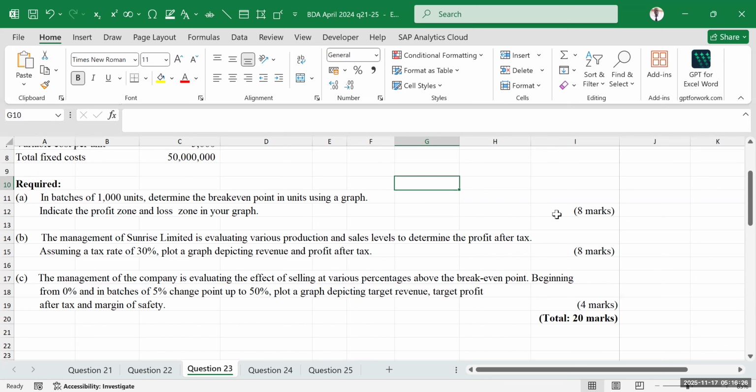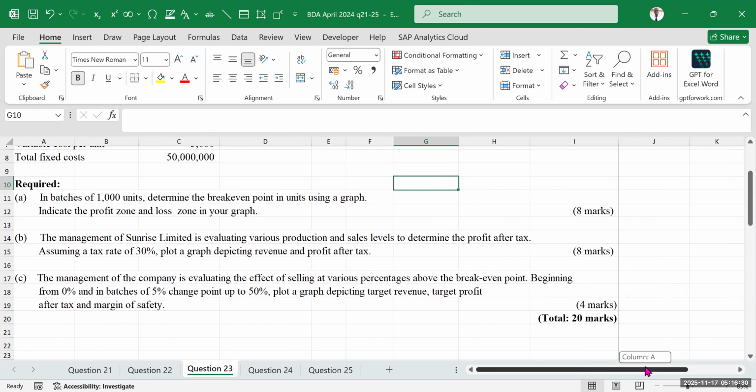You see, graphing is being tested in a wide range here, and that is a concept that no one in this meeting should be able to miss. Part C, you are told that the management of this company again wants to evaluate the effect of selling at various percentages above the break-even point.